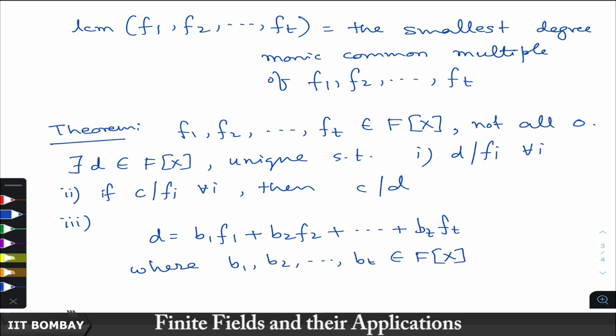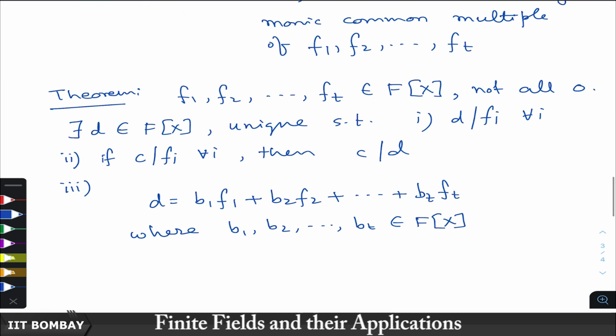If you remember, the GCD can be expressed in this form, and the same result basically holds for polynomials as well. So, this result, that there is a unique such d which satisfies these properties, makes this d polynomial the GCD. You can see that these two requirements, that d is a common factor of the fi's and every common factor divides d, mean that d must be the GCD of the polynomials, right. So, d is the GCD, you can note that.